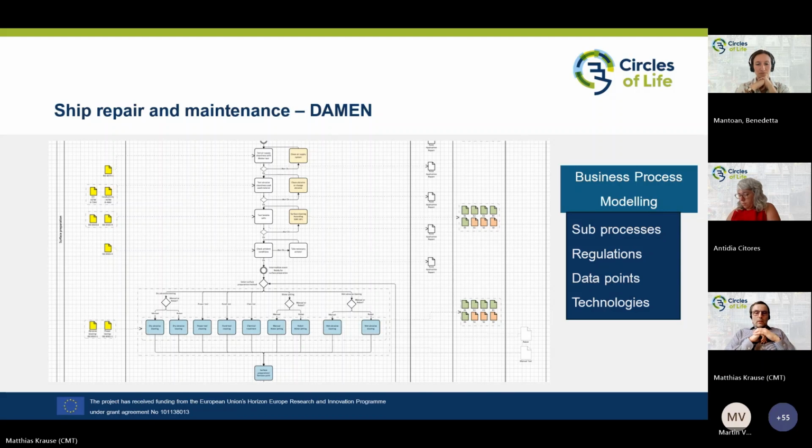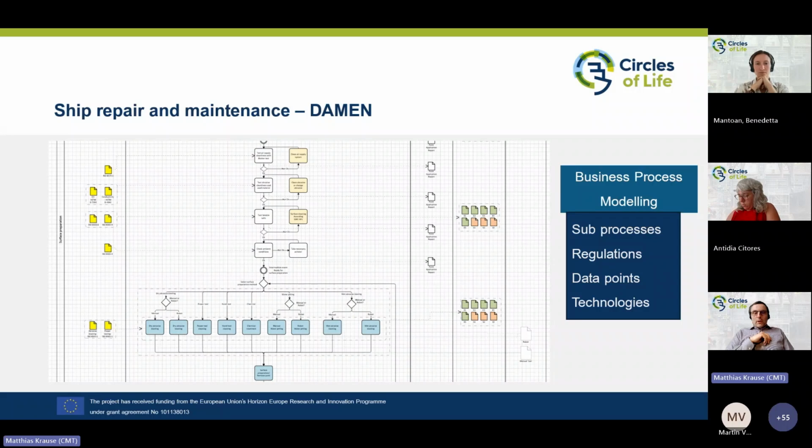Those are processes which can be used alternatively. So you have different options how you can perform the processes by using different technologies. I will come back to this on one of the next slides.